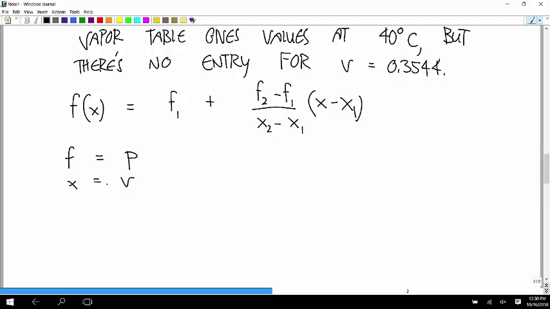And you'll find one of those blocks of pressure that has at 40 degrees Celsius a specific volume just lower than 0.3544, and one of those blocks that has a specific volume just higher than 0.3544. So let me go through this. Our V1, what's the specific volume? So find the block of pressures where at 40 degrees Celsius, you have a specific volume just lower than 0.3544. And tell me what that specific volume is.